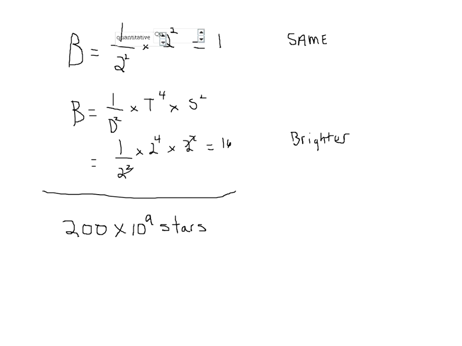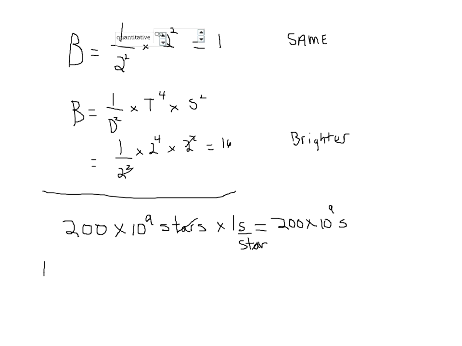Okay, so if it takes us 1 second to count these stars, then we multiply that by 1 second per star, right? That's how long it takes us to count. The stars cancel, and we're left with 200 times 10 to the 9th, 200 billion seconds is how long it's going to take us to count that. Now the question is, how many seconds are in a year?